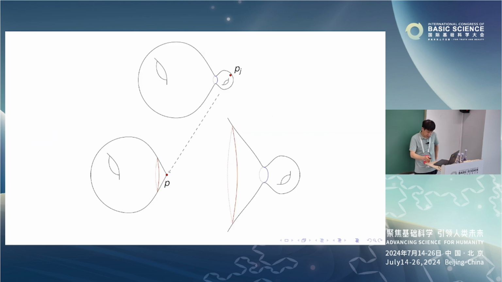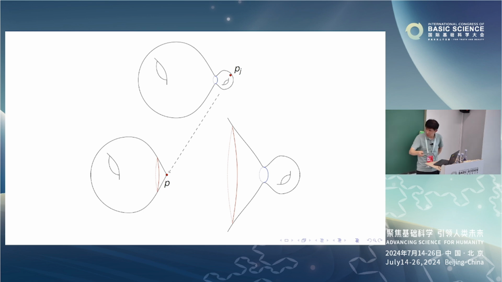So look at this picture. On the left, you can imagine a sequence of objects where this small part around pj converges to p, and all the topology disappears. So if you just look at the limit space p, you don't see this topology. But instead, if you rescale so that this topology survives, then the rest of the space will be pushed to infinity.